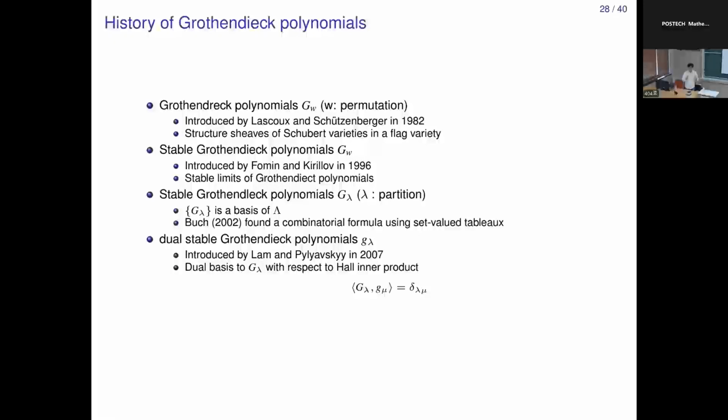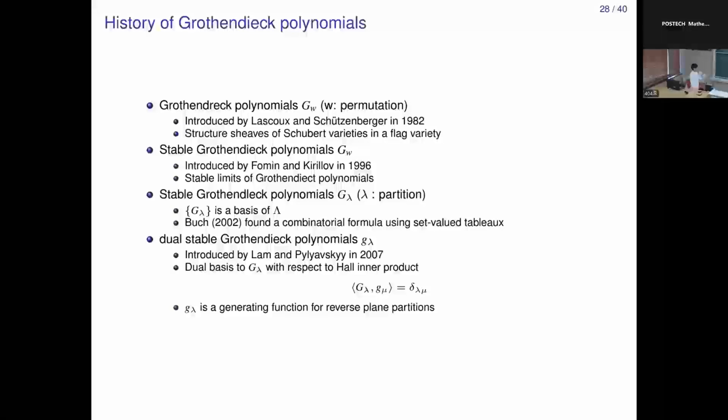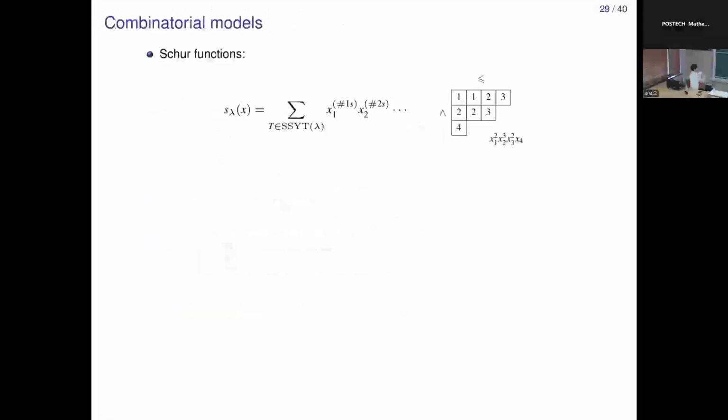But for the Schur case, you don't get anything new because Schur is self-dual. But in this case, this is not self-dual, so we can talk about this dual basis. So that's how they consider these symmetric functions, small g. And there is also a nice combinatorial model for this.